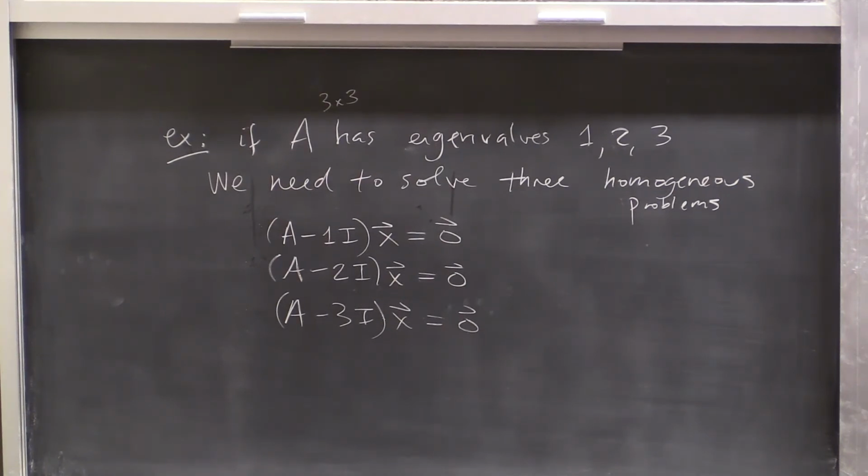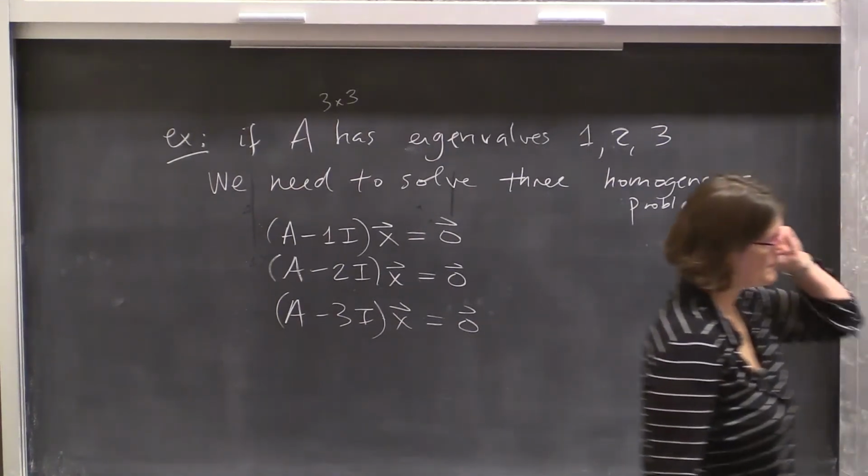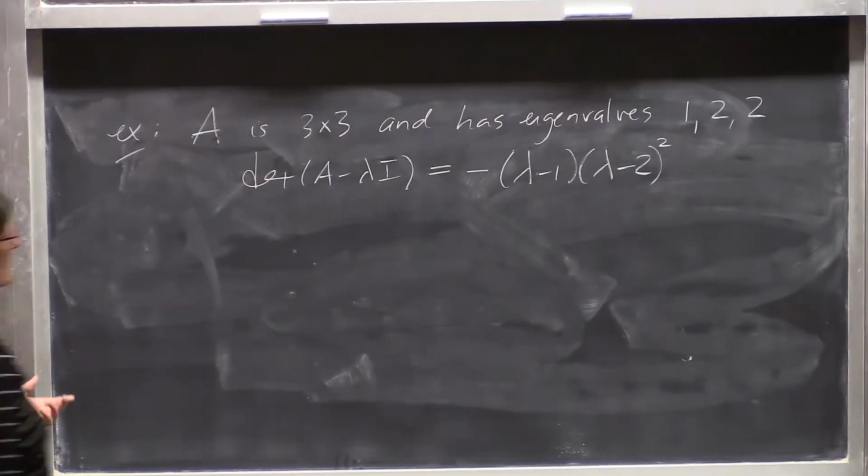It's going to have 3 roots. It might turn out that those 3 roots are 1, 2, and 2. So we would have a double root. This would mean that the determinant of A minus lambda I is minus (lambda minus 1)(lambda minus 2) squared. That could happen. So the good news is that when you're looking for eigenvectors, you have less work.